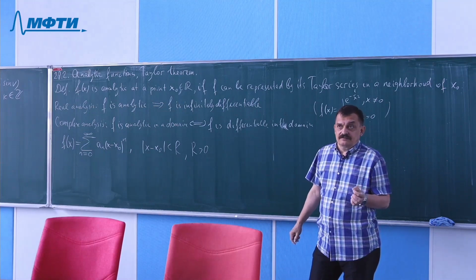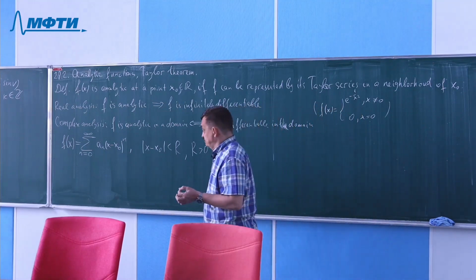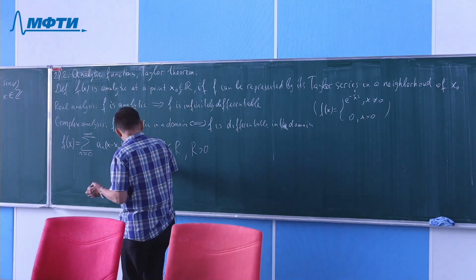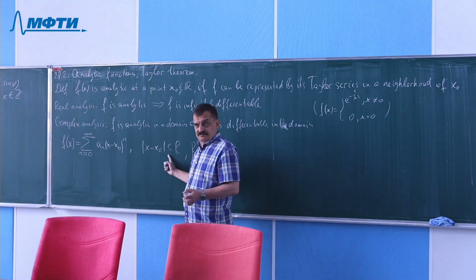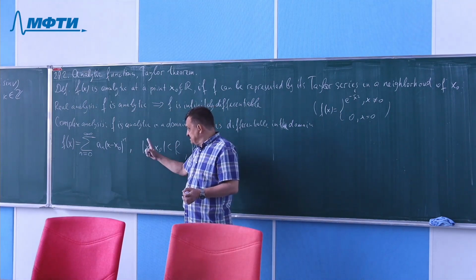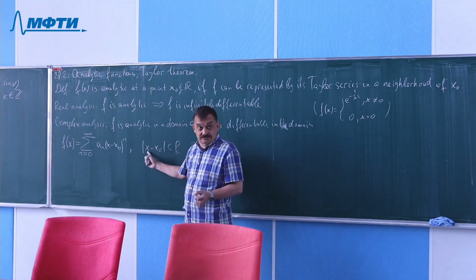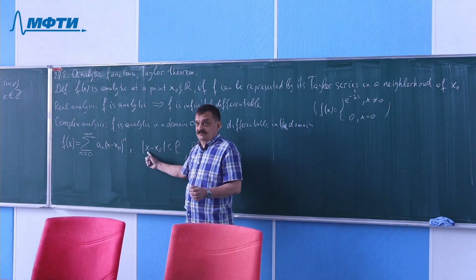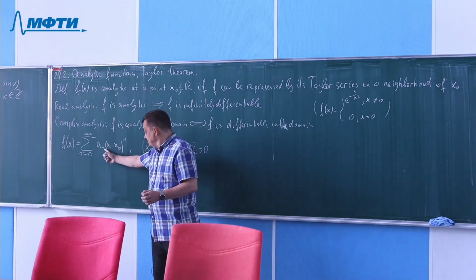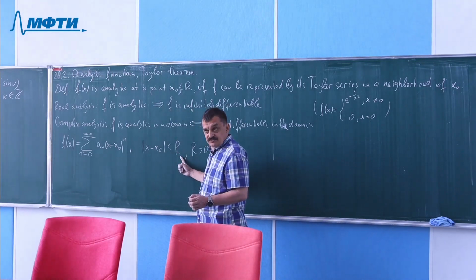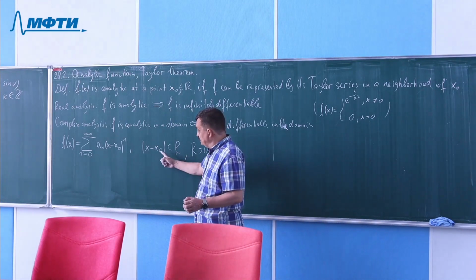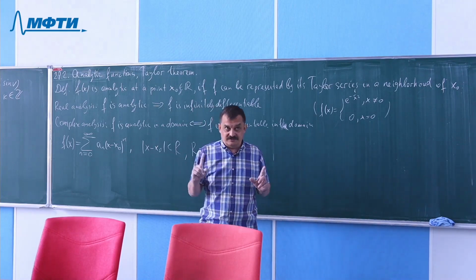And then a very natural question: take an arbitrary x from this interval. Is it true that our function is analytic at this point as well? And that is indeed the case. If you represent our function by a Taylor series with such a positive radius of convergence, then it is analytic at every point of this interval for sure.